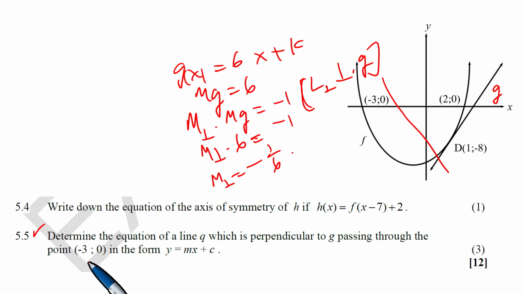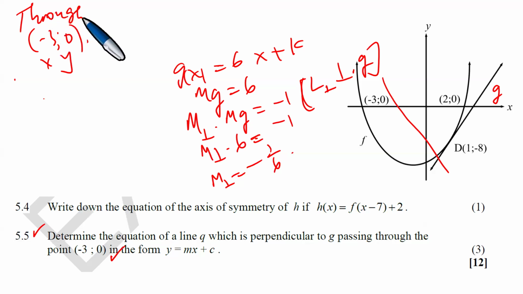Pay attention, because now I want to find the equation of a line which is perpendicular to G passing through the point (-3, 0). So this is x1, y1. Now it passes through this point, so we have y minus y1 equals m into x minus x1.